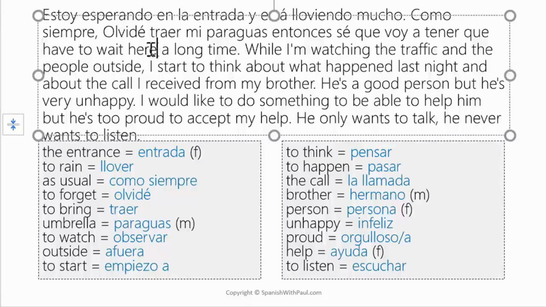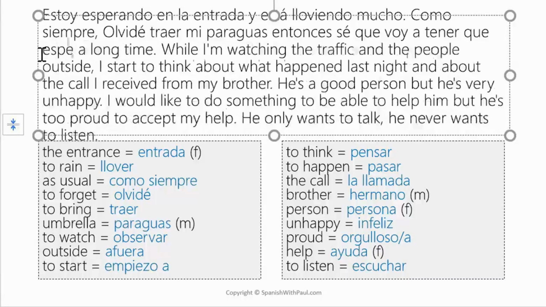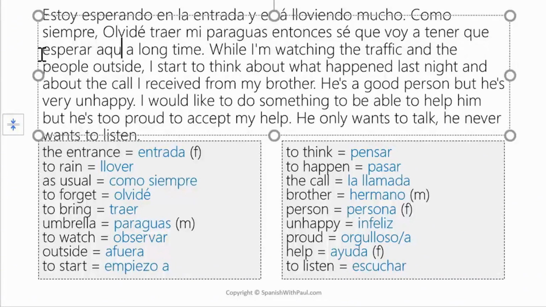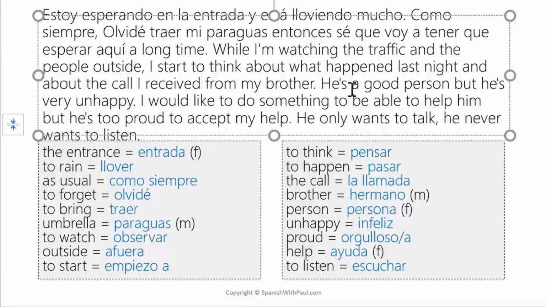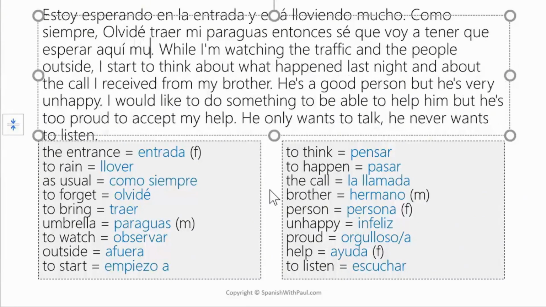To wait here, esperar aquí. Notice here we have three verbs in a row. Voy a, tener que, esperar. Now, a long time, you might be tempted to say for a long time, but we're simply going to put in mucho tiempo.